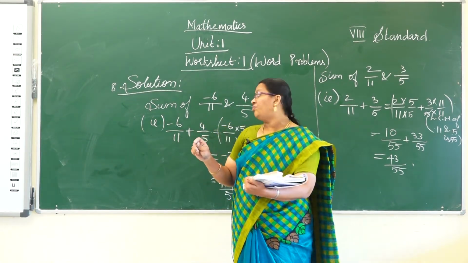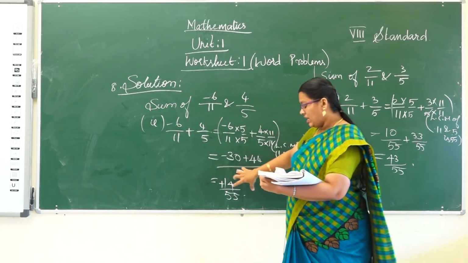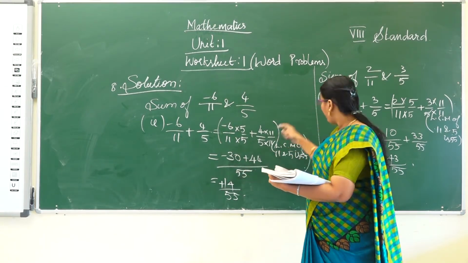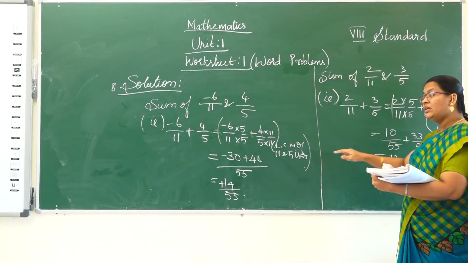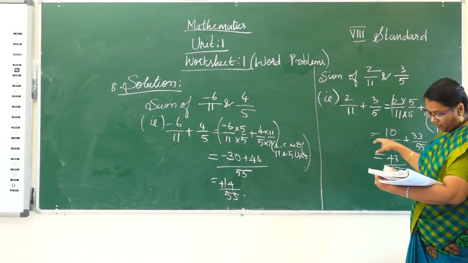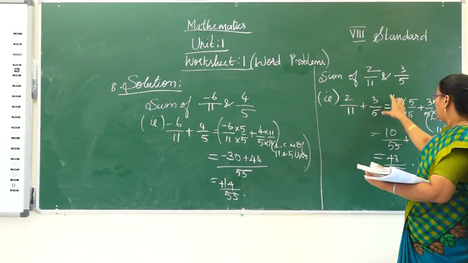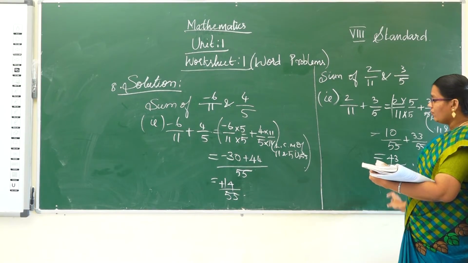What is given in this statement? Subtract the sum of this value from this value. So the sum of the second value is 43 by 55.